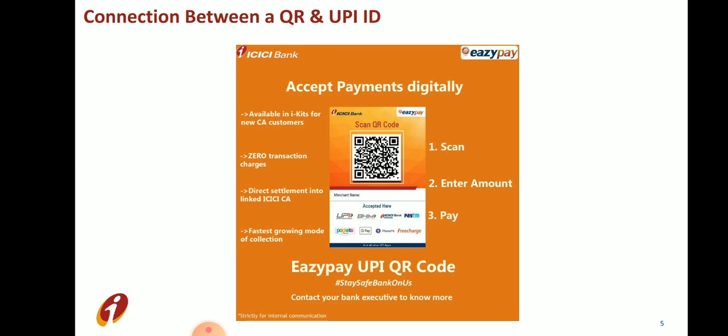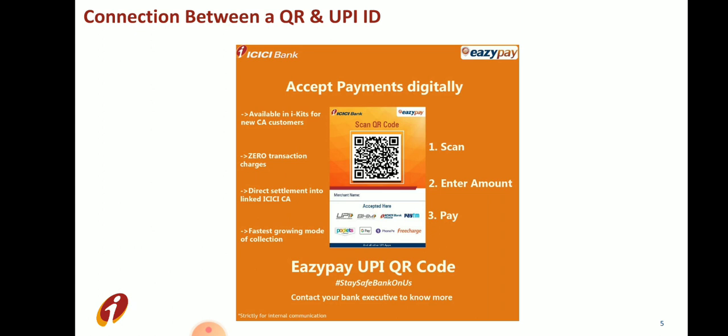In the next sessions, we will cover how we create both the IDs and also how we create a QR code. When you download the EasyPay app, you create a P2M VPA or UPI ID. Currently, EasyPay does not create P2P UPI IDs.